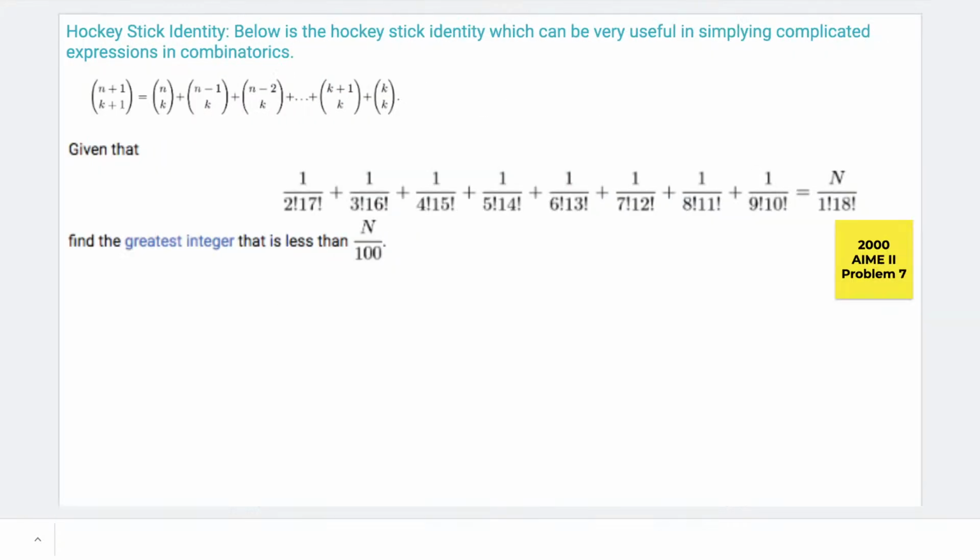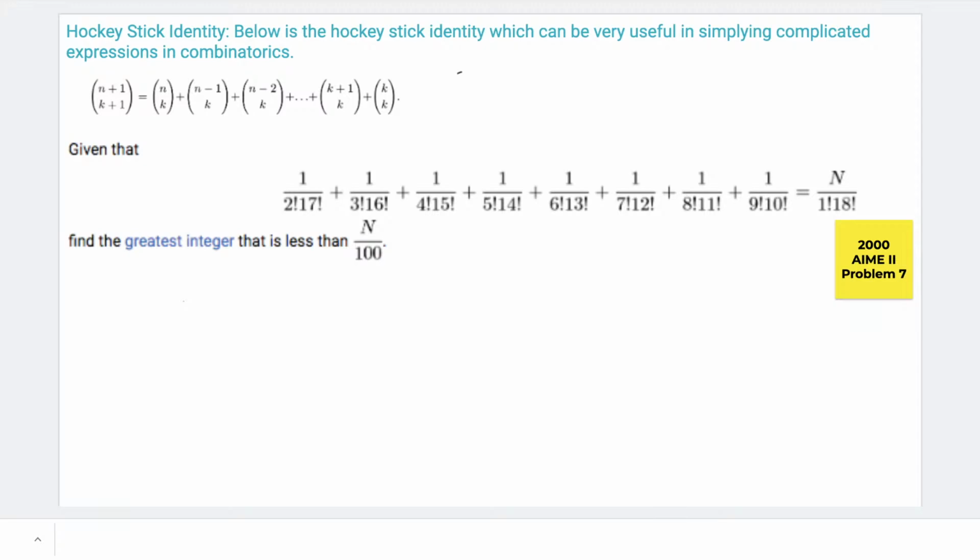Now this brings in another important concept, which is the hockey stick identity. And now below, this is the problem that we're going to solve. And the hockey stick identity is very helpful because it can help you simplify very complicated looking expressions into something a lot shorter. So I'll just give you an example since it's a lot easier to understand.